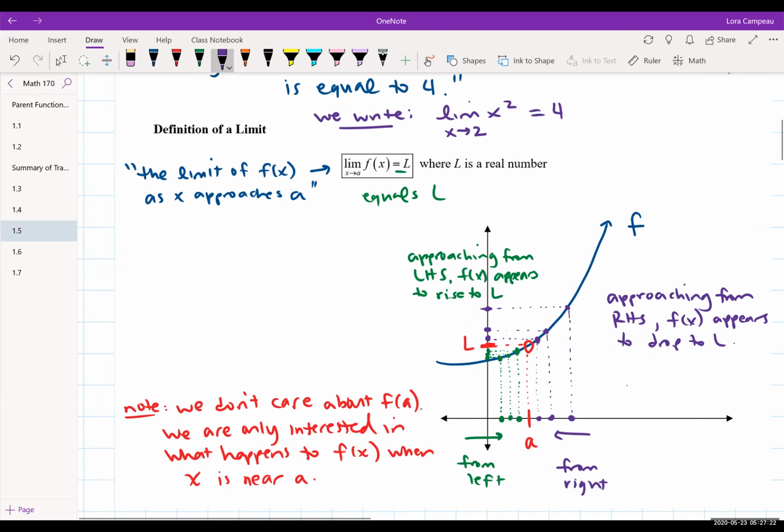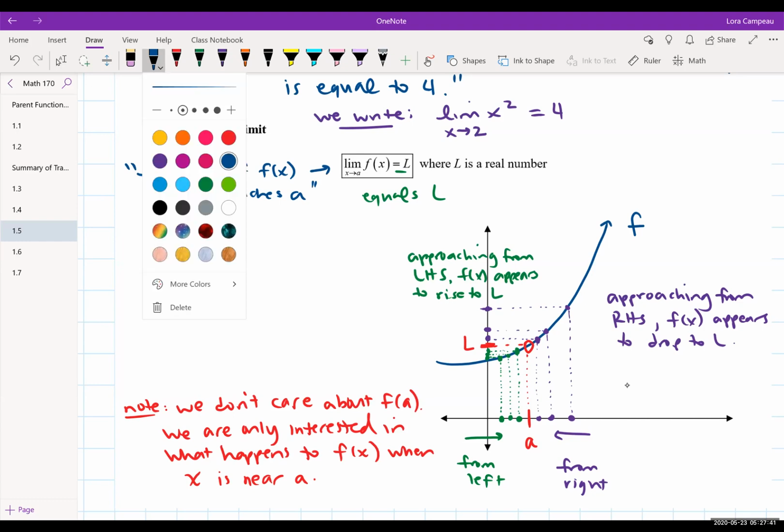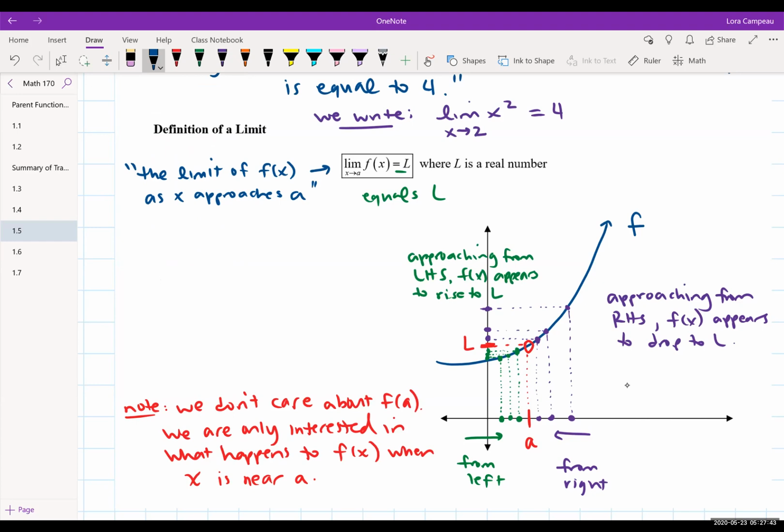So if we have an intuitive definition, it means we can get f of x as close to L as we want by taking values of x that are really close to our value of a. So I'll write this down too. It's nice to have in your notes. We have an intuitive definition.